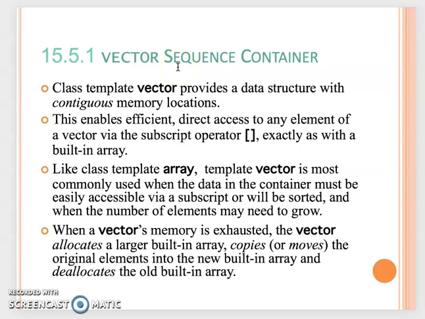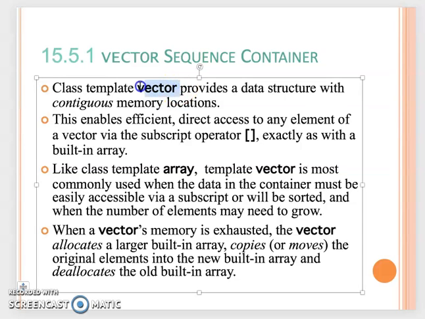We have seen the vector many times before. The way I showed you before, we only used the vector like an array. We just knew the vector can resize, so typically we only used the square brackets to access the elements one by one.